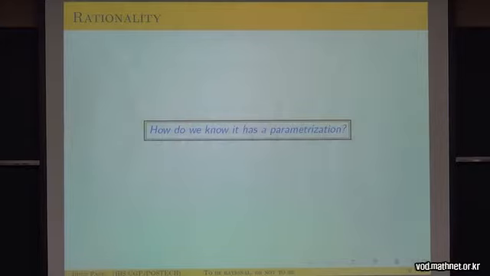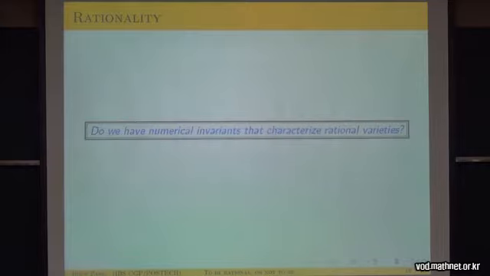Okay. So let's generalize my naive question. How do you know it has a parameterization or not? That was my question. And so you can ask, do we have some numerical invariant of the plane curve, or whatsoever some varieties, that characterizes the rational varieties?